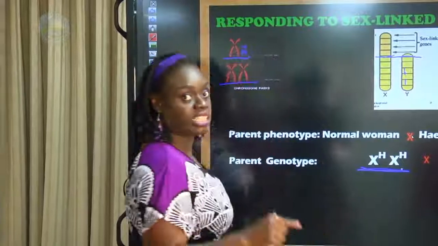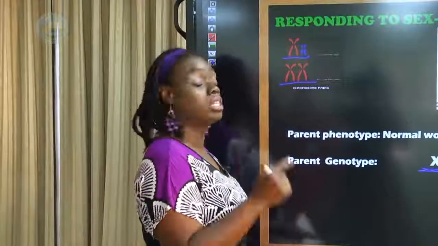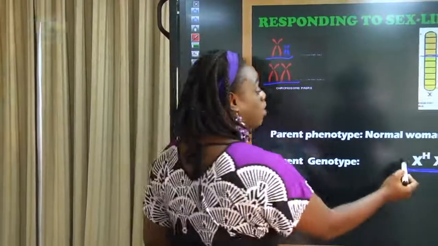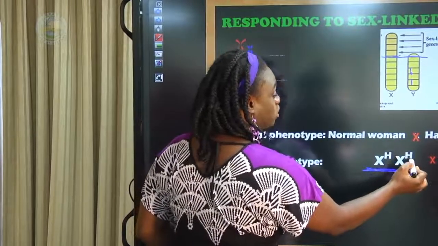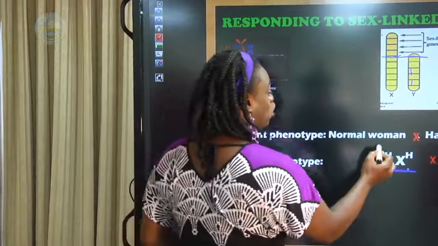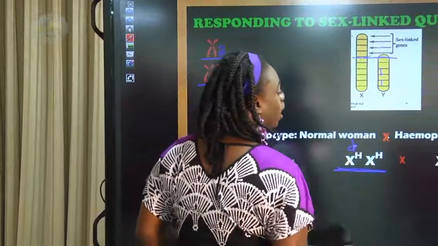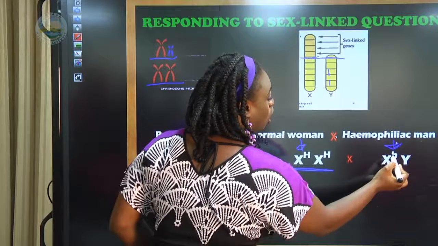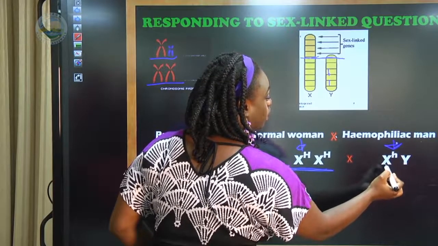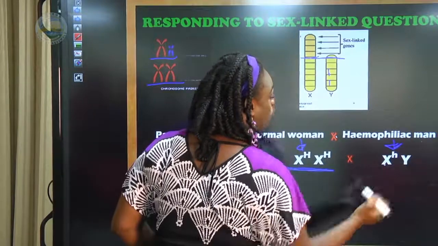Because it's a sex-linked disease, we need to put in the sex chromosomes. So you have X capital H and X capital H for the normal woman. And for the hemophiliac man, he is small h next to his X chromosome, and Y.